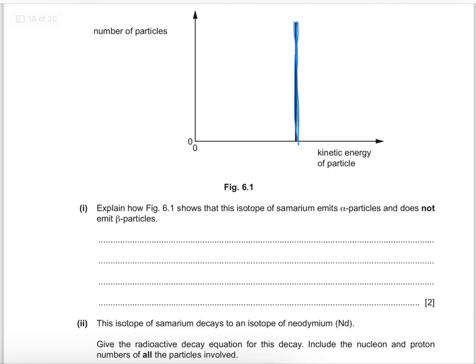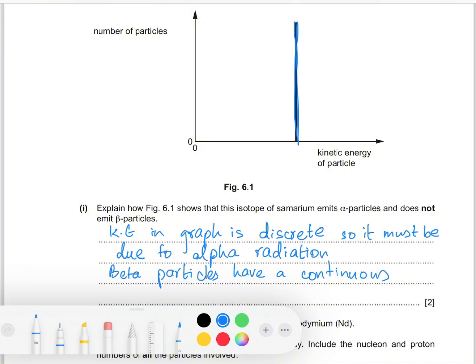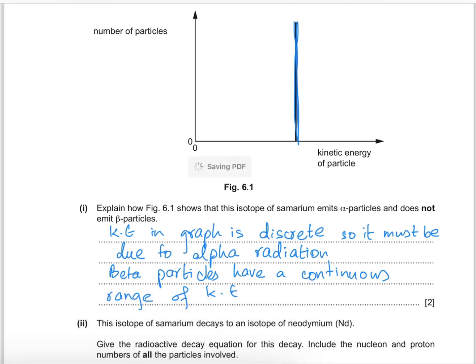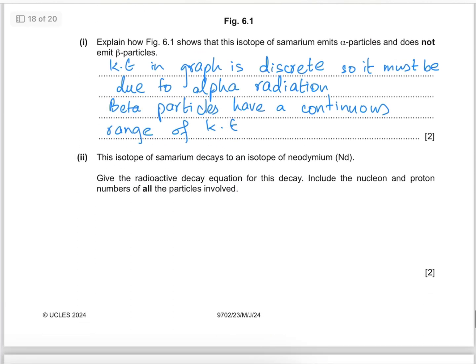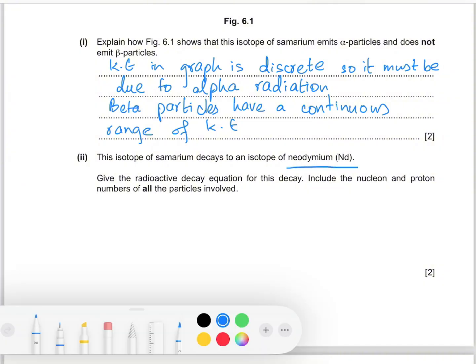Explain how the isotope emits alpha particles and not beta particles as shown by the diagram. The isotope of samarium decays to an isotope of neodymium. Give the radioactive decay equation for this decay.